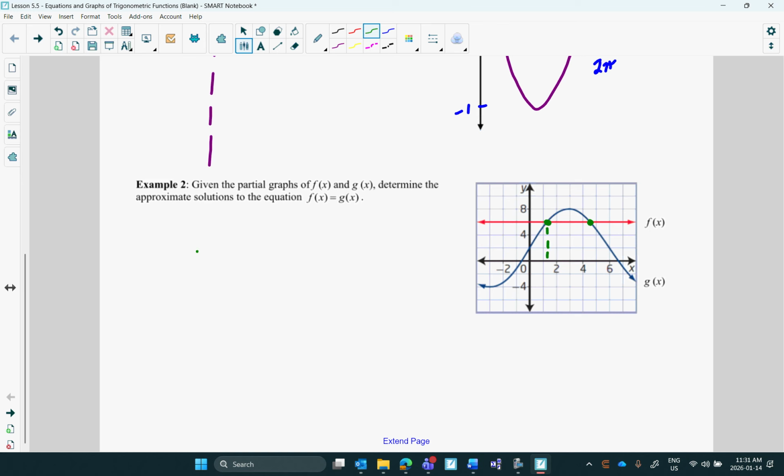So x is approximately 1.2, or it could also be 4.6, 4.7. That's it. That's all you have to do. It was just like when we graphed the radical equations and the horizontal lines in Unit 2 and we found where they intersect.